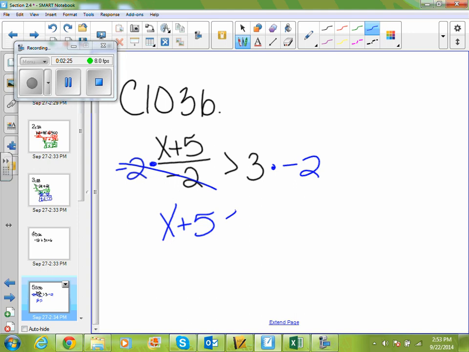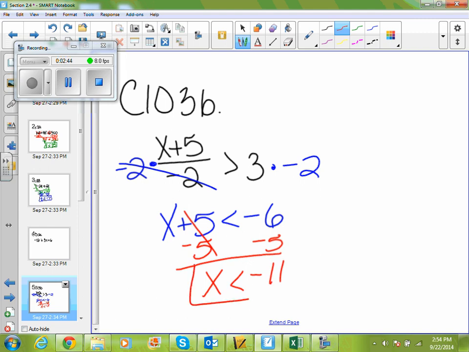I multiplied by a negative, so I flip my inequality. And 3 times negative 2 is negative 6. Now, minus 5. Negative 11. So x is less than negative 11.